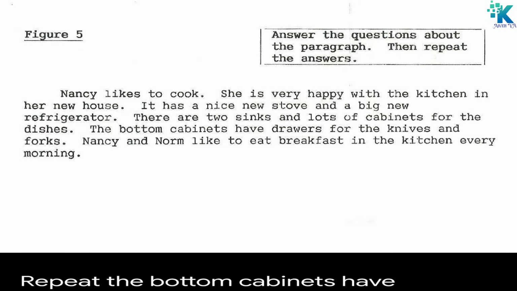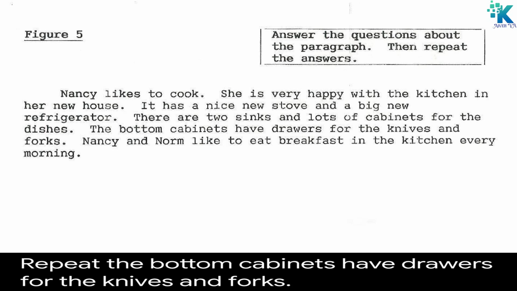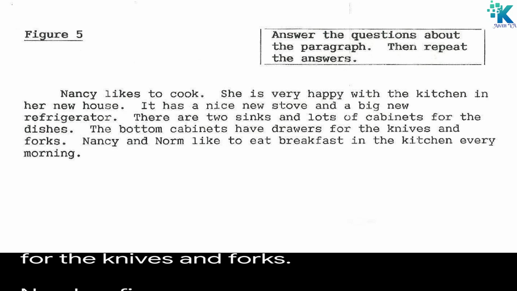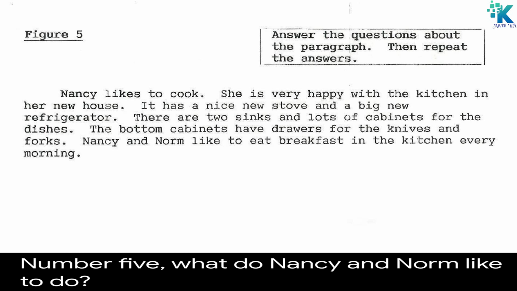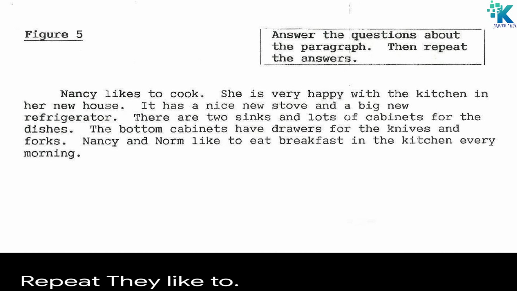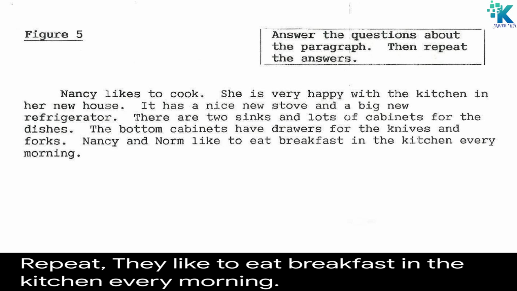The bottom cabinets have drawers for the knives and forks. Number 5. What do Nancy and Norm like to do? Repeat. They like to eat breakfast in the kitchen every morning.